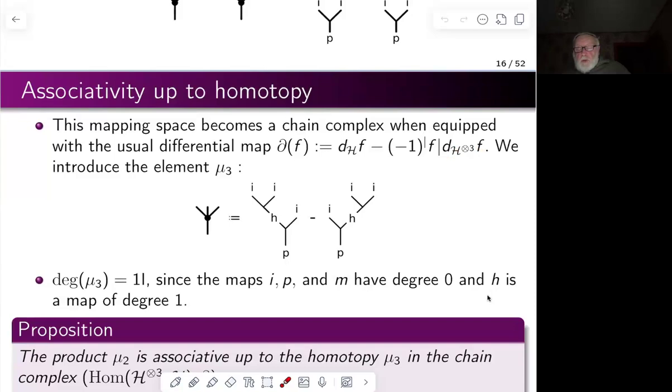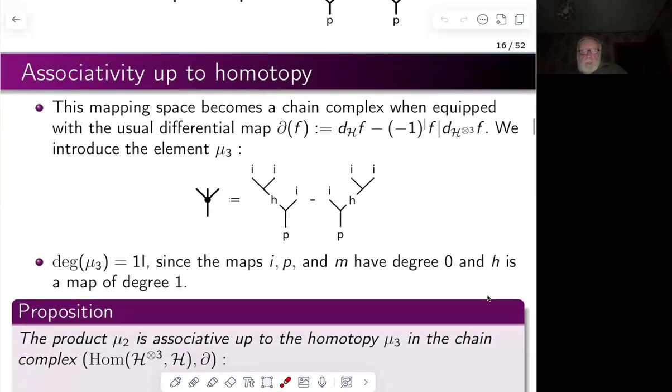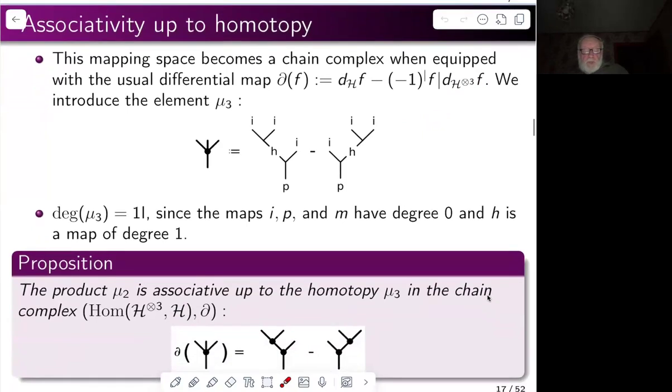So we have a chain complex with this correction of degree sign. And using this, we have this element which we denote by mu3 with 3 entries. And this element mu3 is our associator.